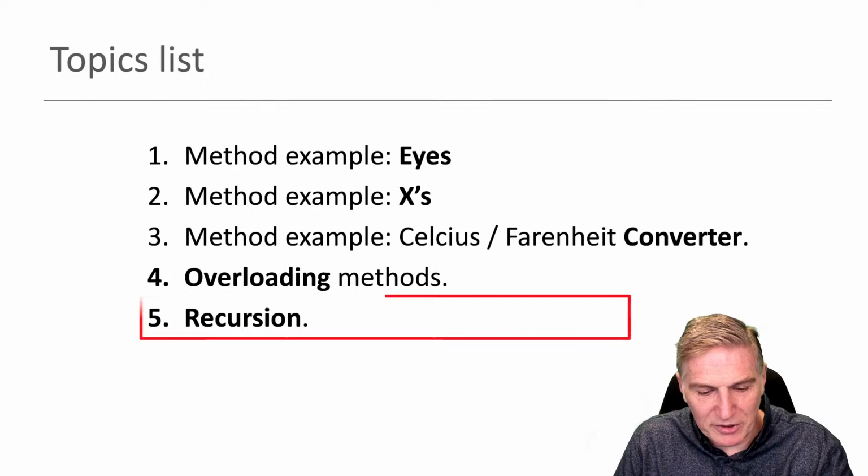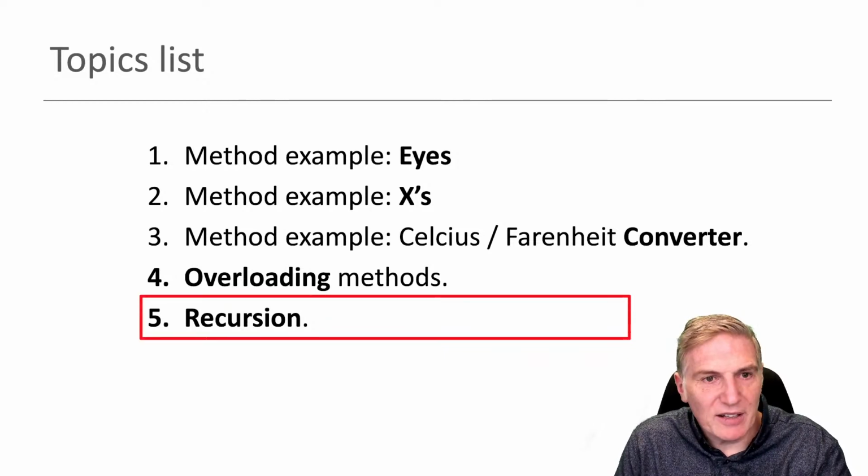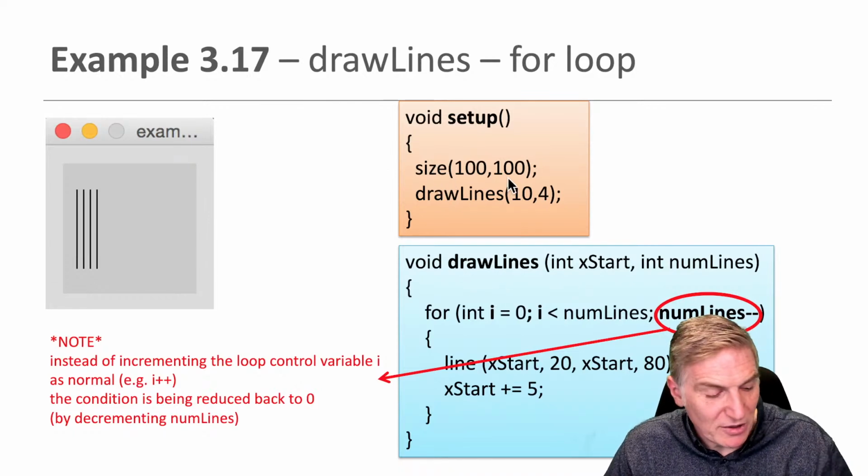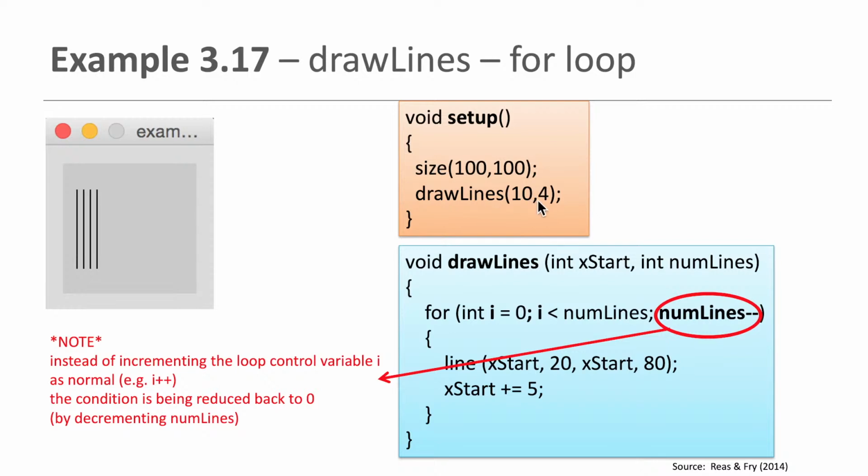This was the 5th topic on our table of contents from the start of today's class. Here we've got draw lines for a for loop. So we've seen this before. We have setup, which sets up the output window. We have draw lines 10, 4, so it's calling the method draw lines, passing in 10 and the number 4.